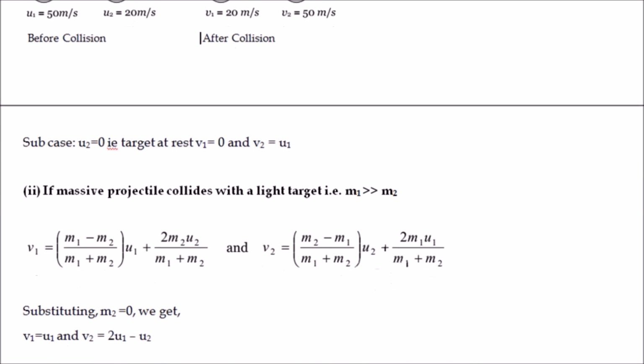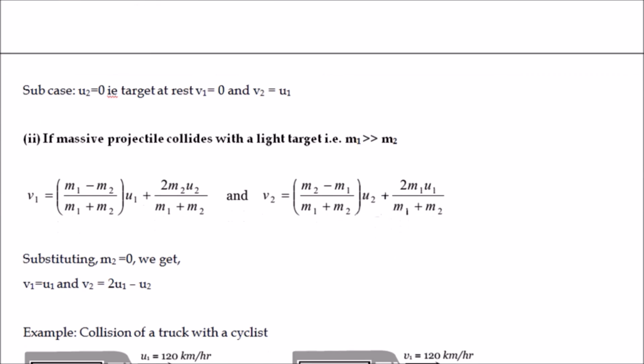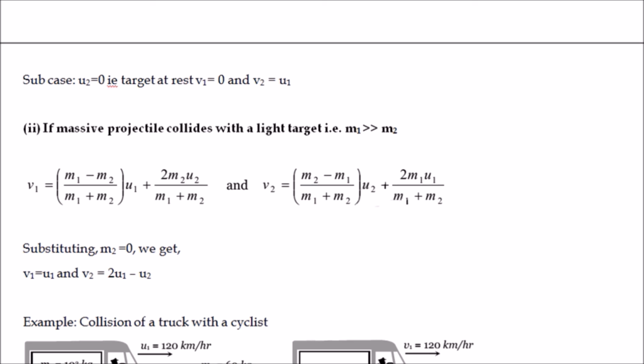Now we are taking the sub case of this when u2 is equal to 0, that is when the target is at rest. So the first body has velocity u1 and here u2 is equal to 0, target is at rest and masses are the same.